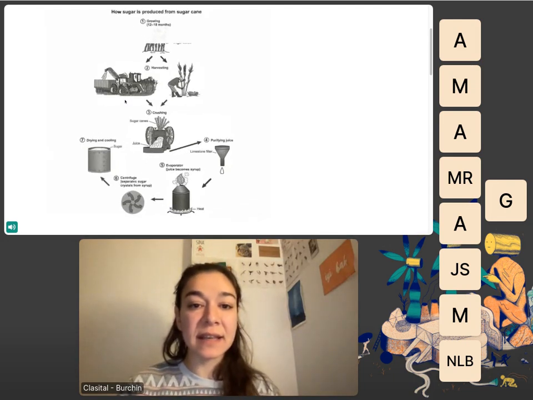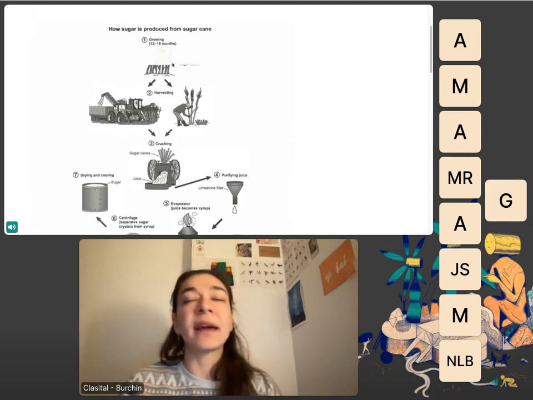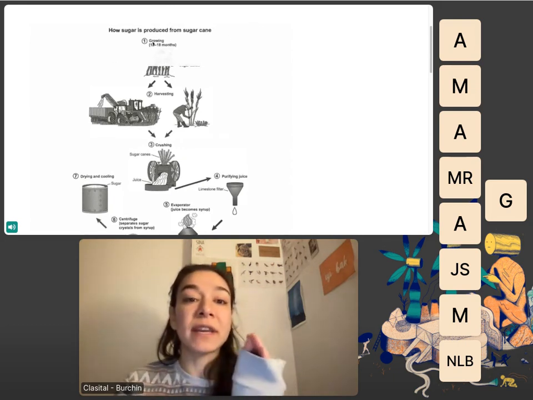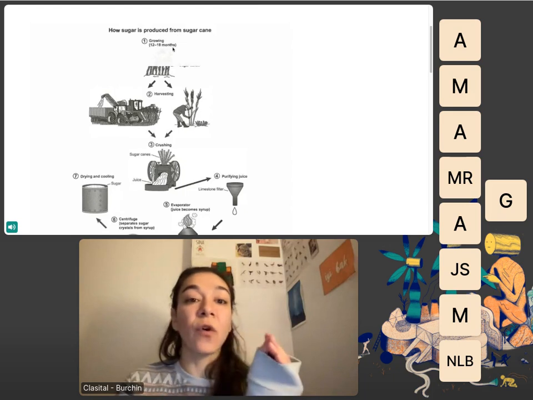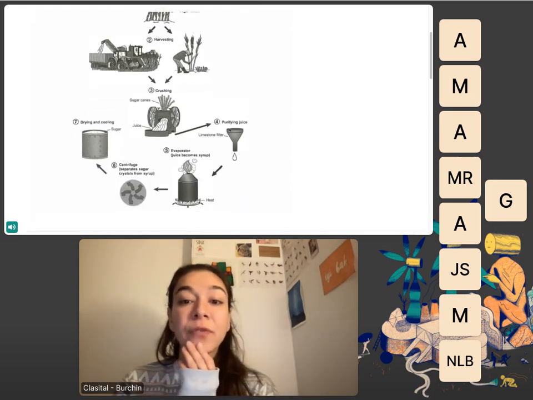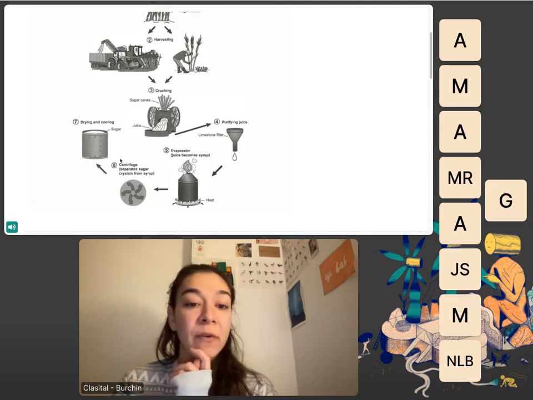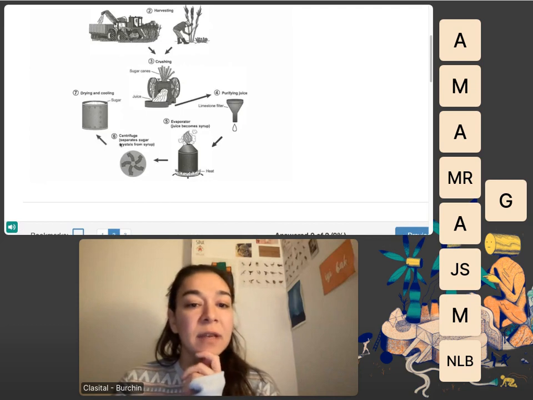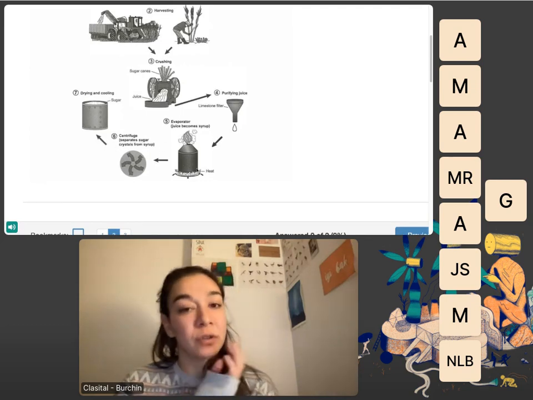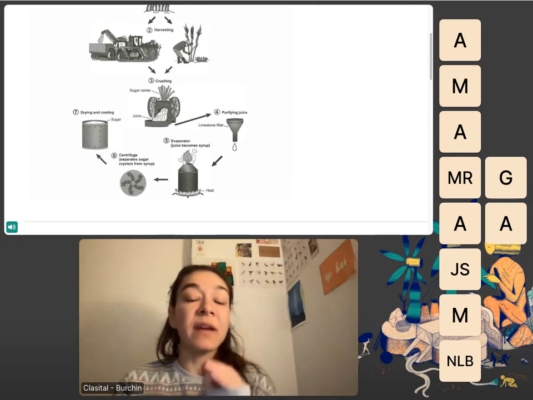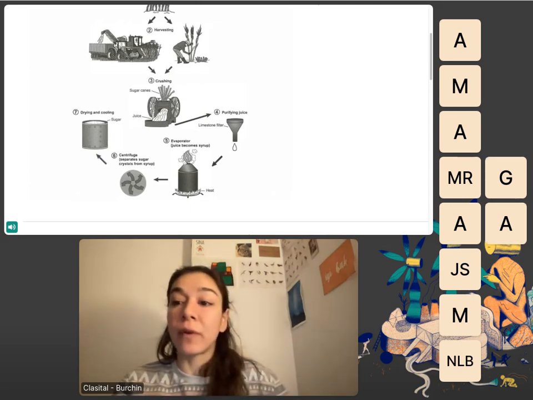And as you can see, they are already giving us so many clues on what to write about. For example, in here it says growing, harvesting, crushing, purifying juice, evaporator, centrifuge, separate sugar crystals from syrup, and drying and cooling. So here there are lots of clues to write about.